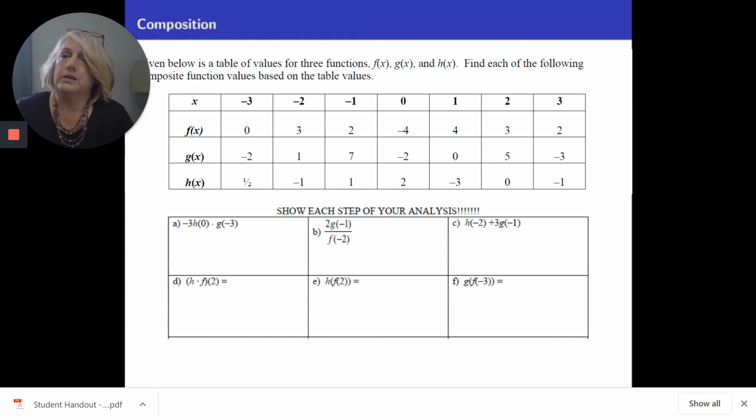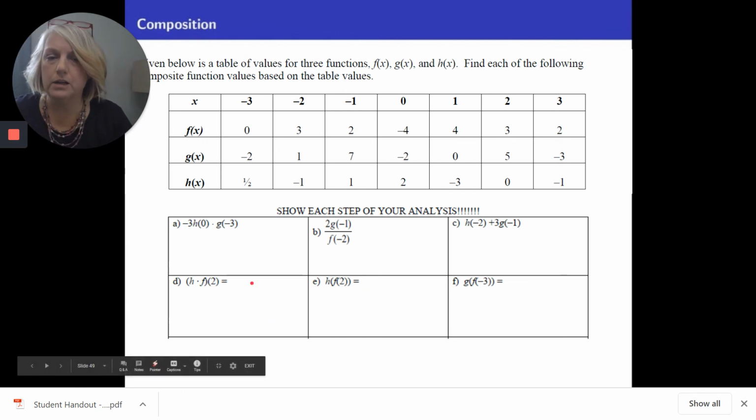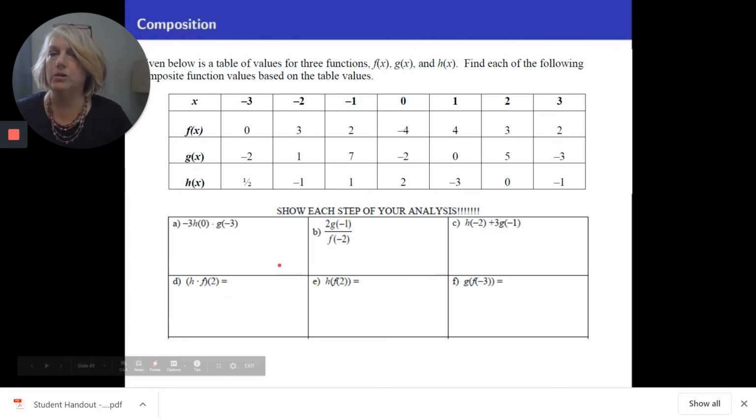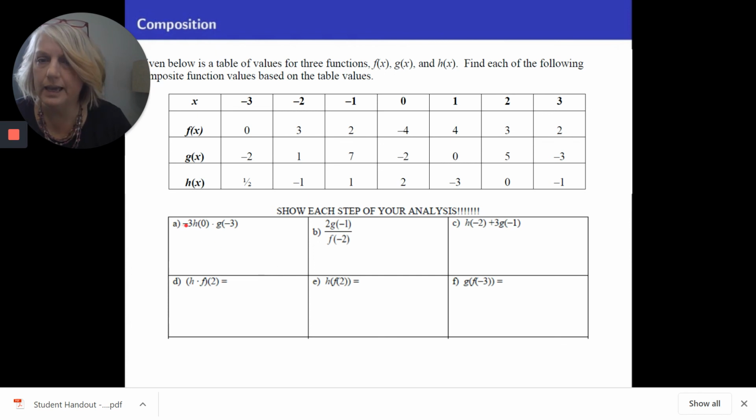Then there's numerically. So we're going to end this example of composition with using tables of values. I'm not going to do all of these, and there's composition and there's multiplication. I'm showing you both because I want you to be clear to know which one you're doing. Like here in A, -3 times h of 0 times g of -3.